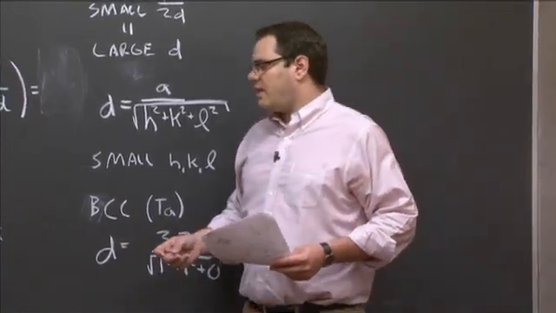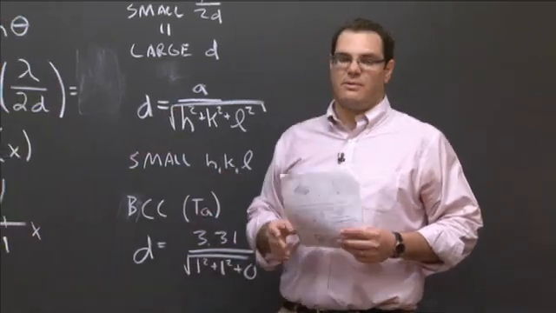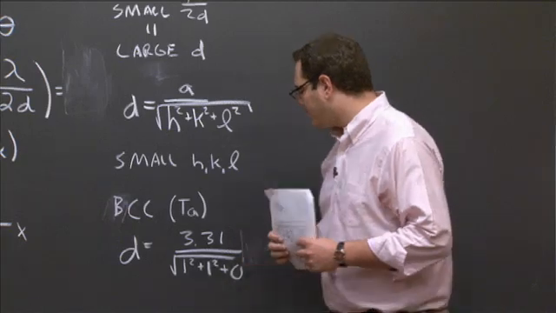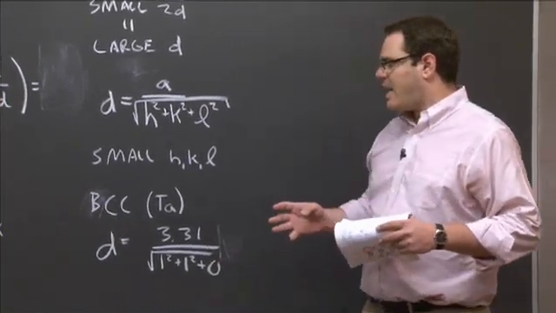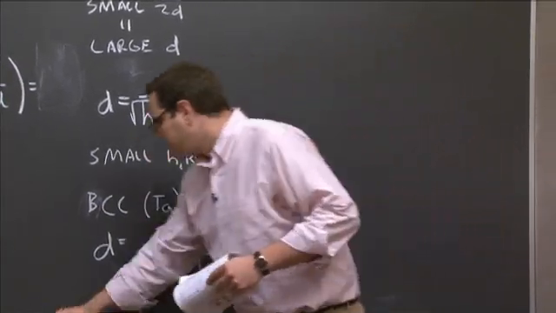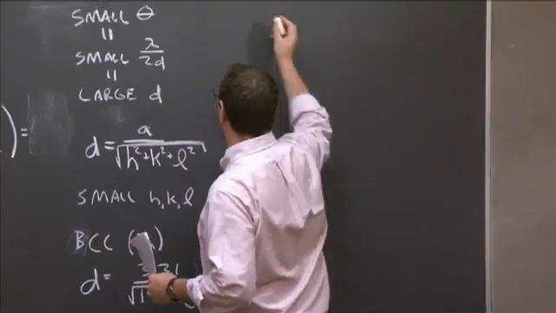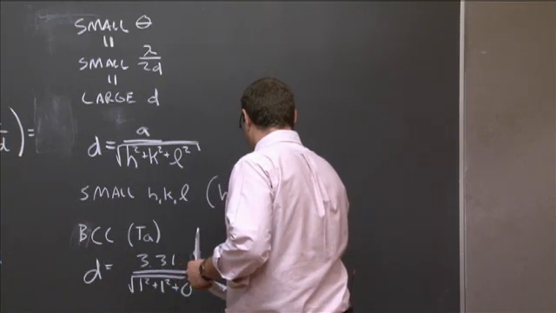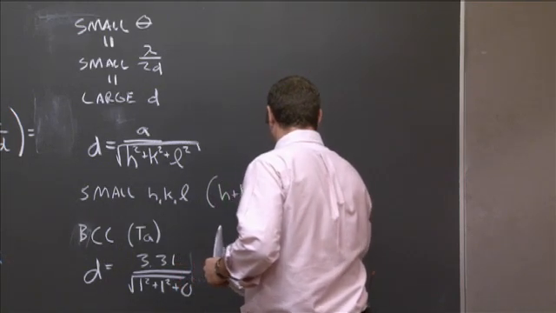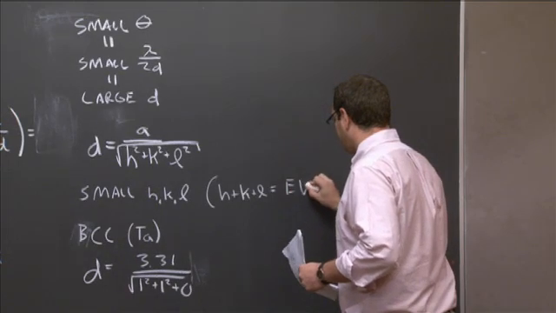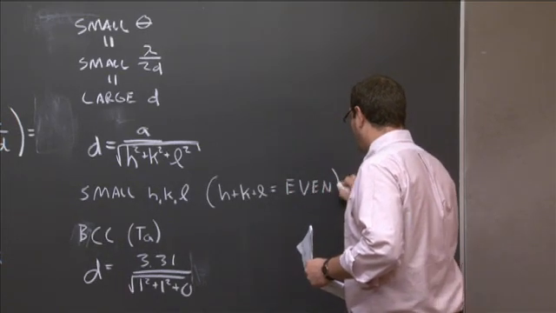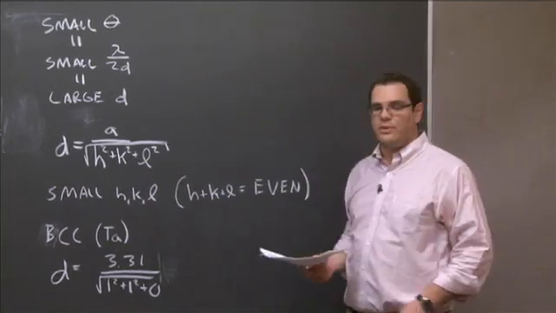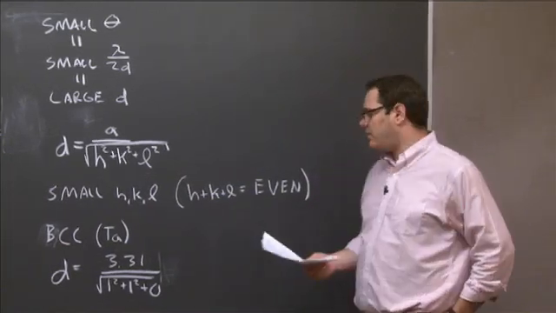BCC, from your reflection rules, which is number 5 on the things we need to know to do this problem, you have to have h plus k plus l must be even. That's a rule. Proving that is a little bit beyond the scope of this class, but that's a rule that we went over in class and it's in the lectures as well.